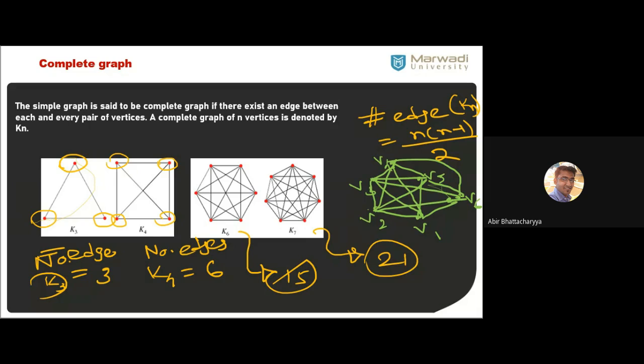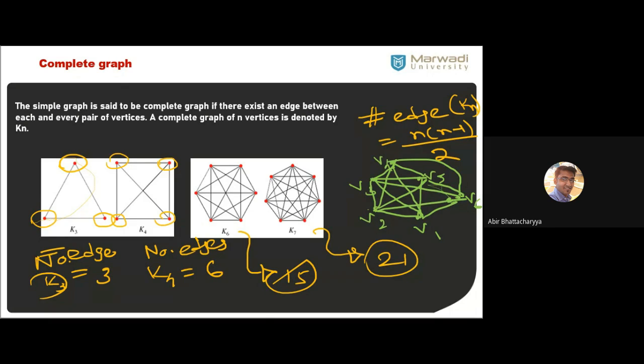K8 means how many edges will be there in total? 28 edges will be there. A simple graph is a graph where there will be no parallel edges or self loops.